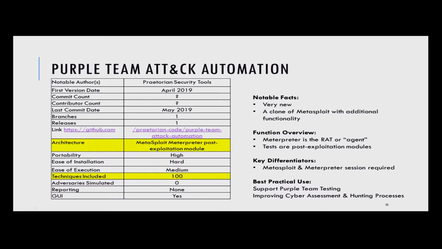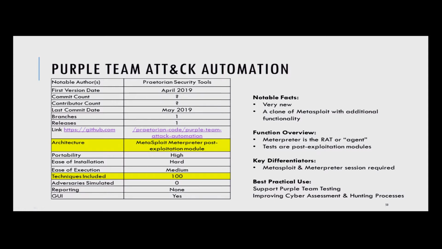The RAT, or the client-server relationship, is actually a Meterpreter shell. So you have to get Meterpreter to execute on your host, and then it communicates with your client MSF shell or instance. But really, the best practical use for this is to support purple team testing, because Metasploit is more of a red teaming tool.